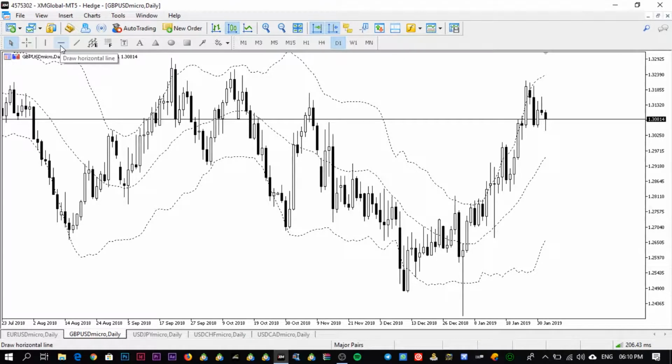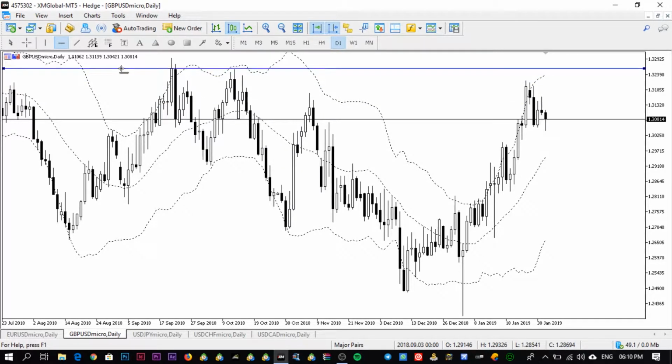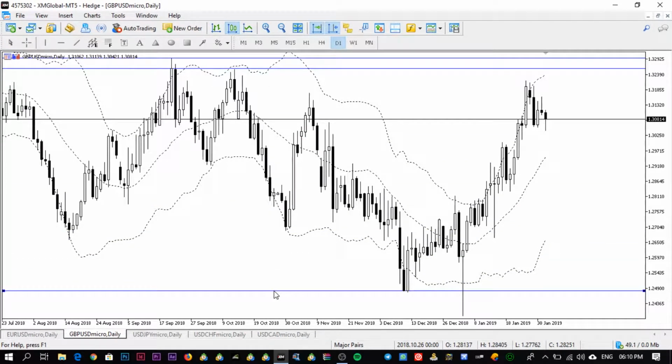Now, just like the previous currency pair, what we're going to do is mark out our latest level of resistance, which is over here, and let's mark out our latest level of support.